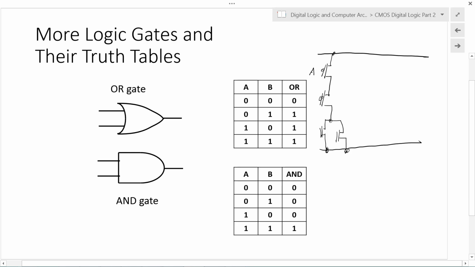We'll label the inputs A and B. Now we have an output from the NOR gate, but this needs to be inverted, so we get our OR gate. So let's draw the inverter here.